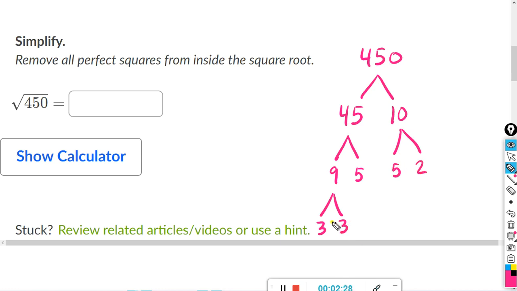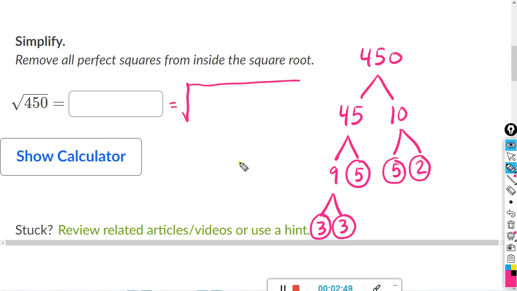All right, circle the last number in every branch. So we have 2 3s, a 5, and a 2. So the square root of 450 is equivalent to the square root of 3 times 3 and 5 times 5 and the 2.